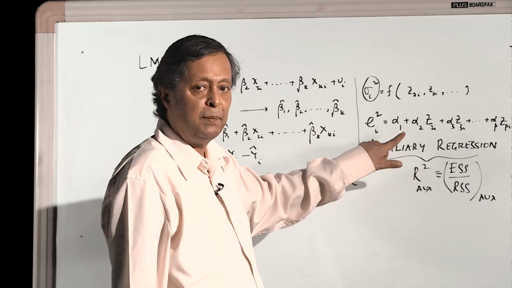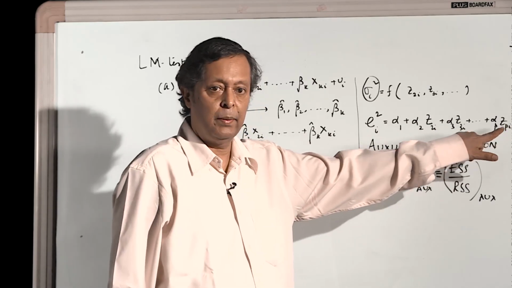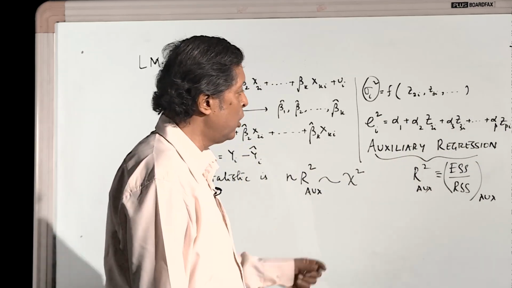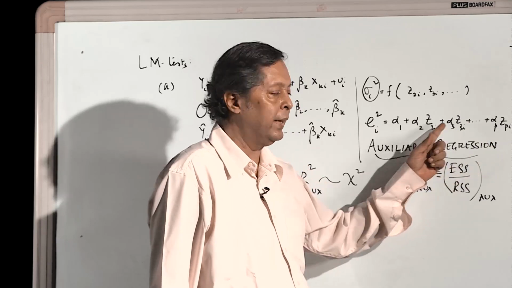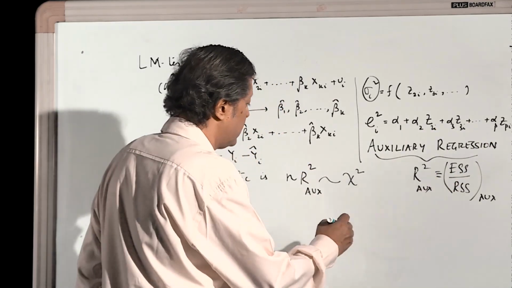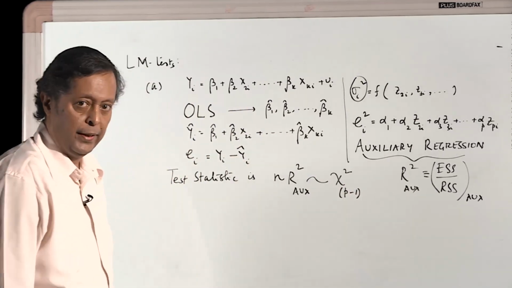Please remember, the null hypothesis is that each of these alpha 2, alpha 3 are all equal to 0. That means there is no heteroscedasticity. So, how many such zi's or how many such alphas do we have? P minus 1. So, this follows the chi-square with p minus 1 degrees of freedom.